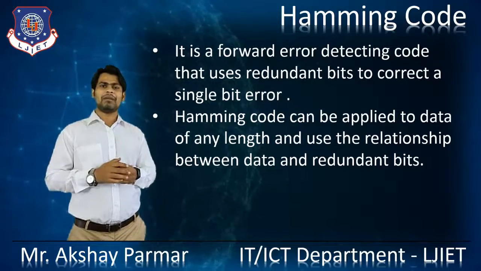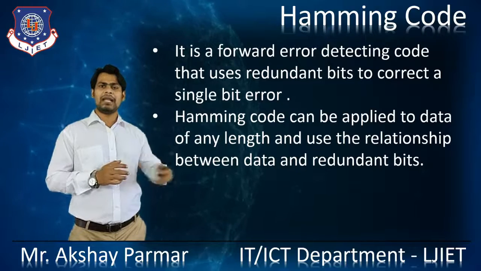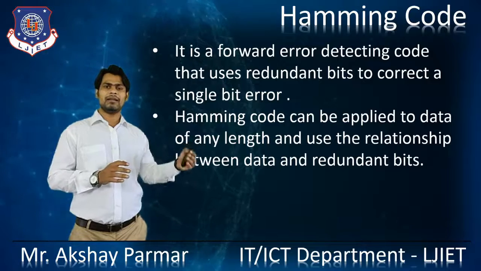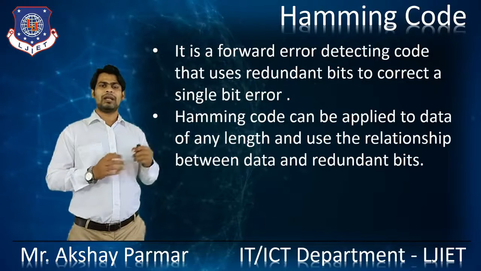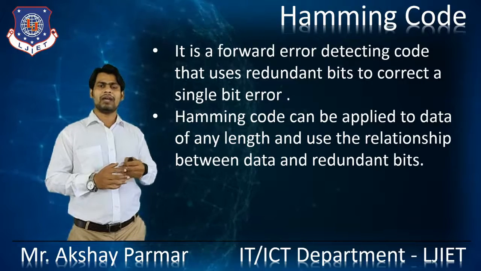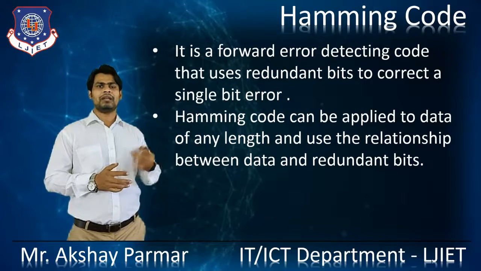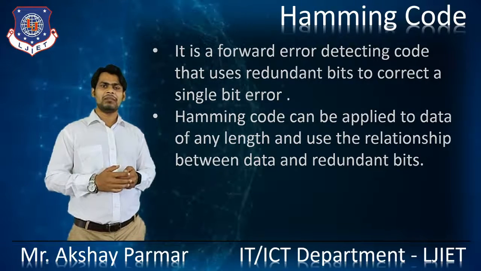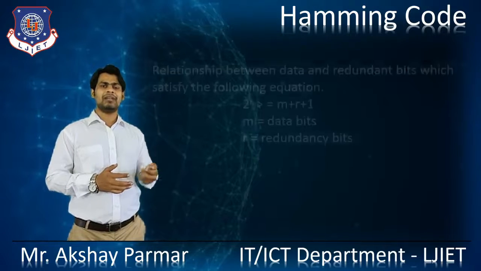The Hamming code can be applied to data of any length, and it uses the relationship between the data and the redundant bits which are added with the data frame.